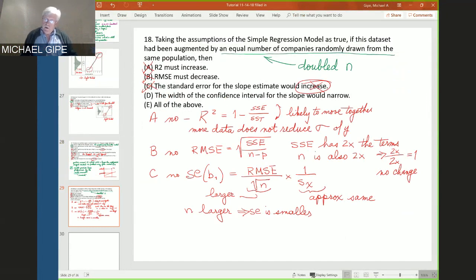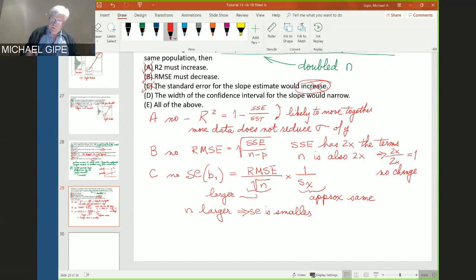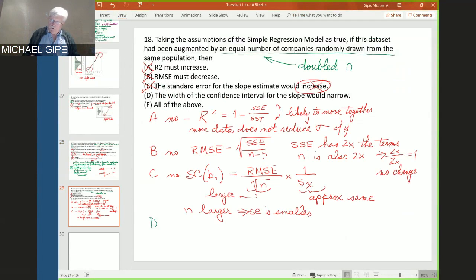How about the width of the confidence interval for the slope would narrow? Well, standard error is smaller. The confidence interval must therefore get smaller. It leads to a narrower confidence interval. The confidence interval of the slope is plus or minus 2 standard errors.